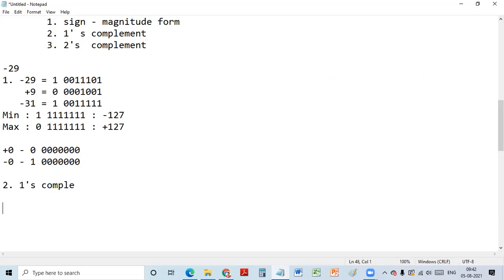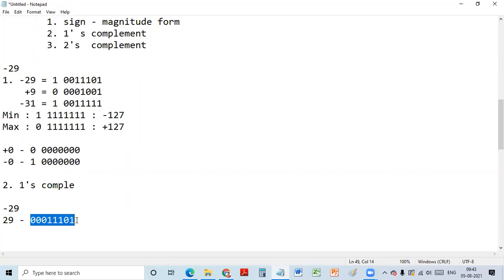So if I want to represent -29, first write what is +29. So what is +29? 0, 0, 0, 1, 1, 1, 0, 1. These are all 8 bits. Since the most significant bit is 0, it is positive, and the 7 bits represent the magnitude.